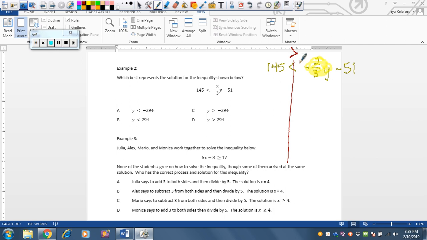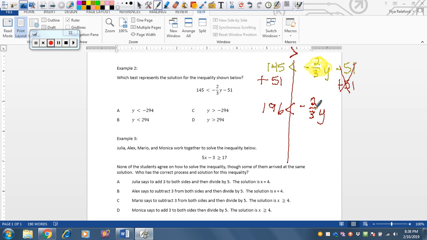So I always look at that ahead of time just so I know. And don't forget, first step, you're going to add. These cancel out. You're left with negative 2/3 y. And 691. I think that's right.